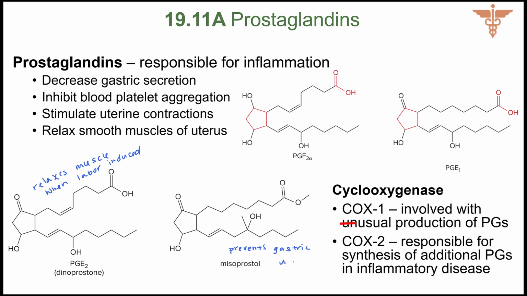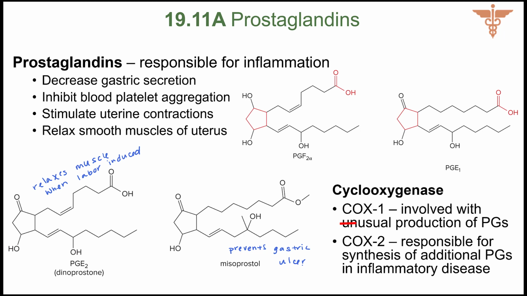So prostaglandins are what are responsible for inflammation. Aspirin and ibuprofen will relieve the pain and decrease inflammation because they block the synthesis of these prostaglandins by inhibiting the cyclooxygenase enzyme that's needed for their synthesis. It's been discovered that 2 different cyclooxygenase enzymes called COX-1 and COX-2 are responsible for the prostaglandin synthesis.